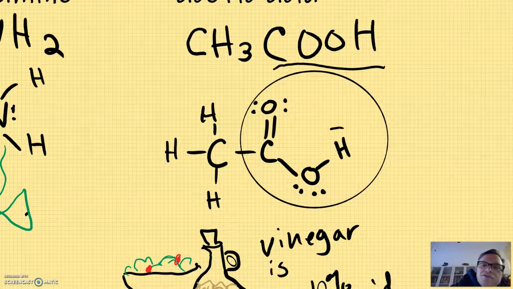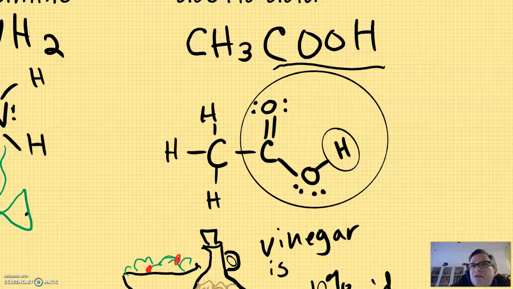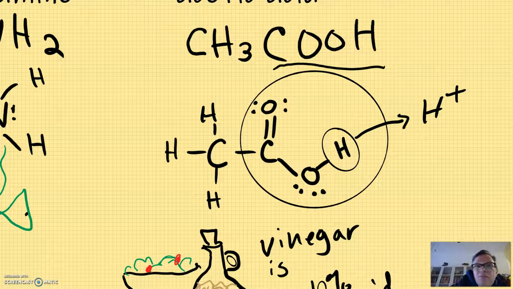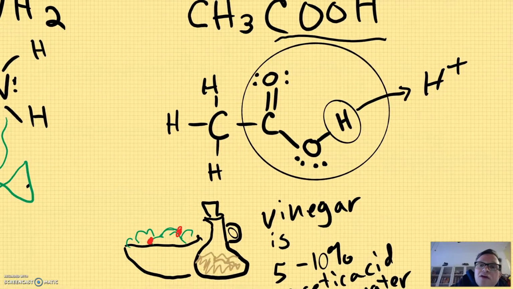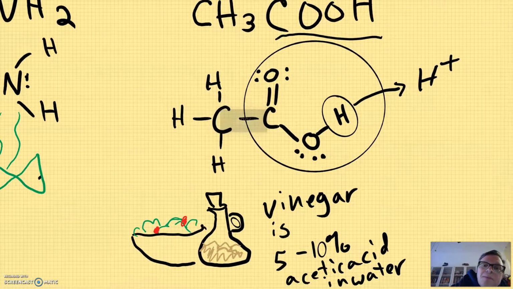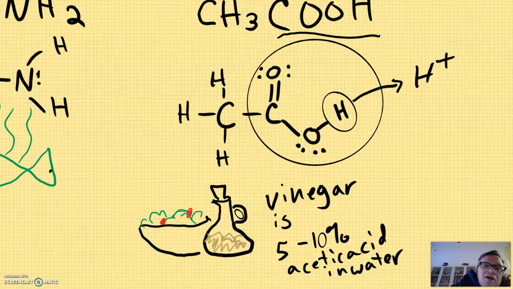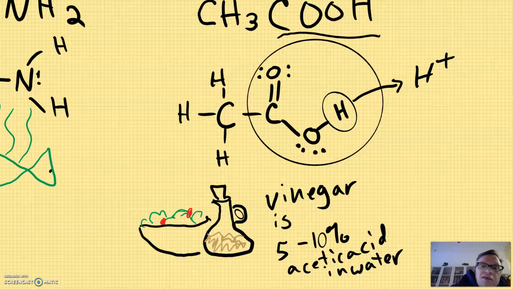The hydrogen in this functional group can leave the functional group as a hydrogen ion, and we may or may not have already learned that hydrogen ions in water is what makes something an acid. So carboxyl groups make their molecules acidic. So acetic acid is actually the main ingredient in vinegar that makes it vinegar. Vinegar is a solution of about 4 to 10% acetic acid in water.